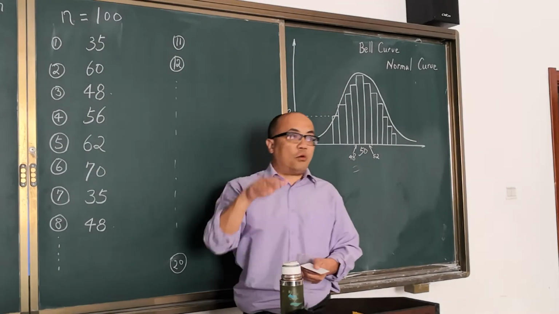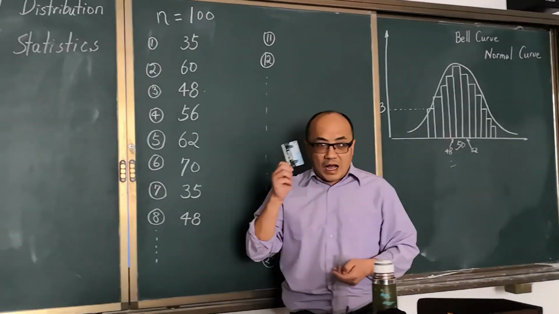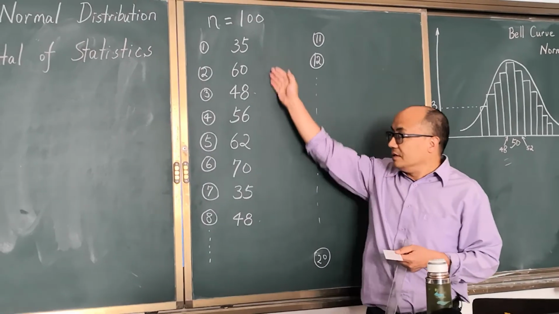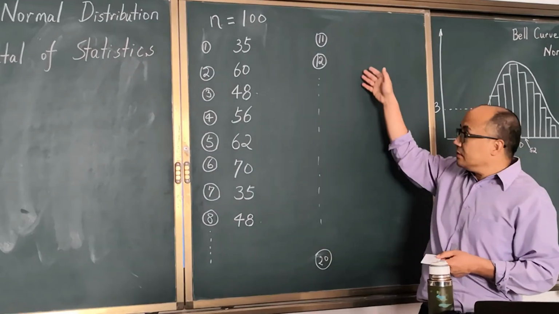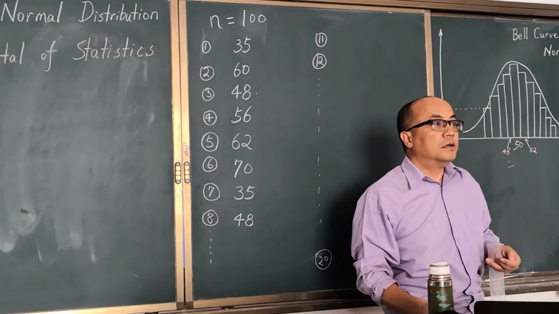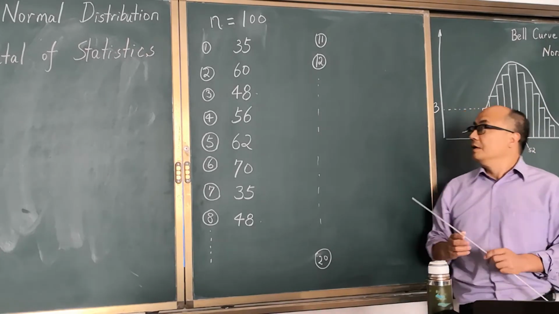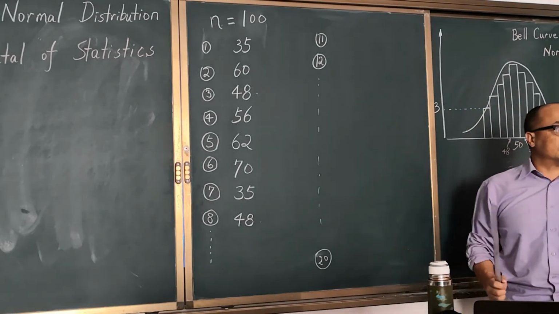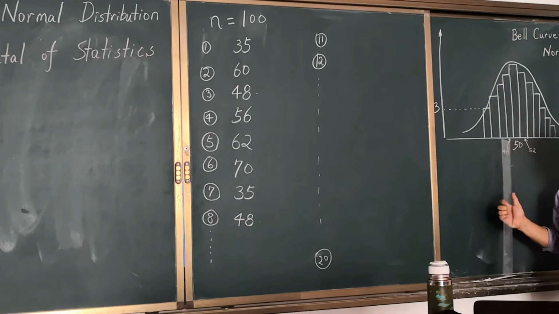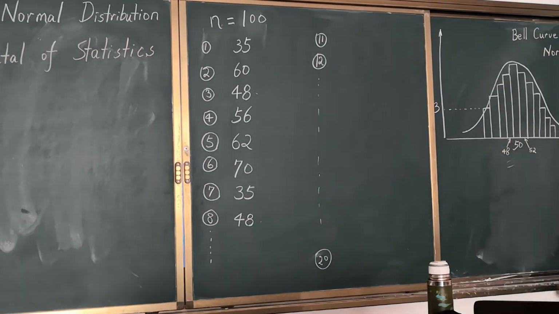If we have 100 people and everybody does this, we will get this kind of numbers. It's a random chance.